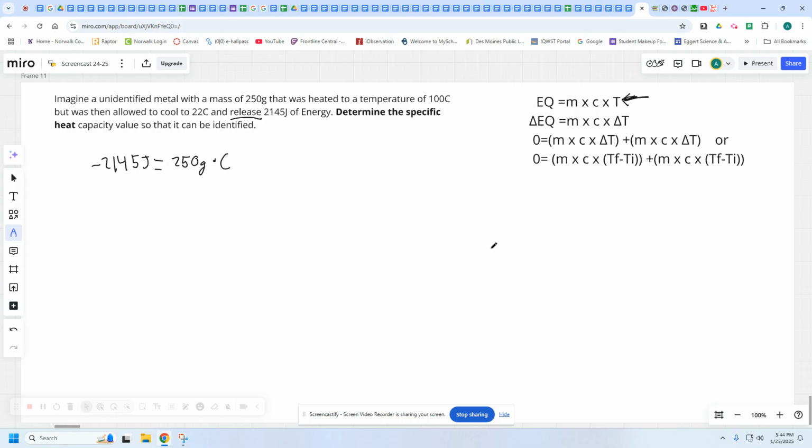I'm simply going to do mine in Kelvin, and then I'm going to use the change in the variable spot where the change in temp is. So if you add 273 to the 22 degrees Celsius and you add 273 to the 100 degrees Celsius and you do the final minus the initial, you should see that even when you do the Celsius version, it'll be the same change in temp.